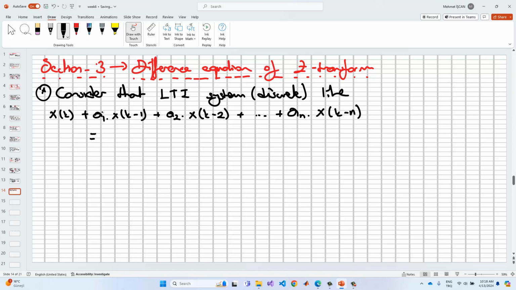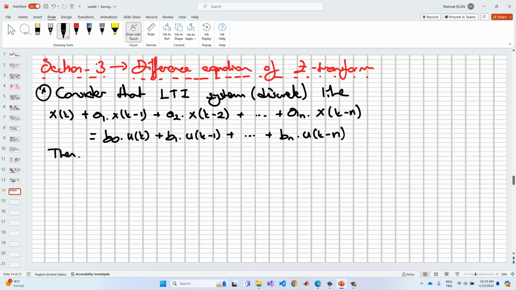And we can also write the input value like this: b0 u_k plus b1 u_{k-1} plus and so on, up to bn times u_{k-n}.